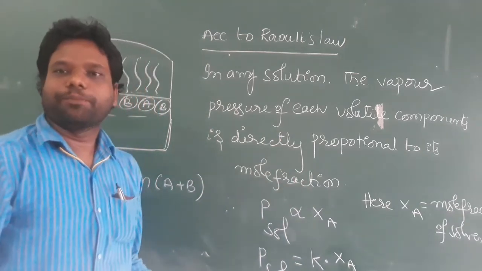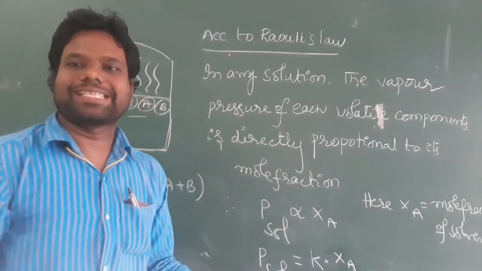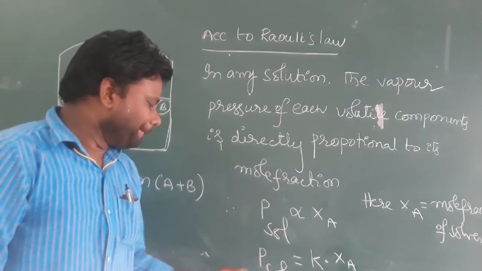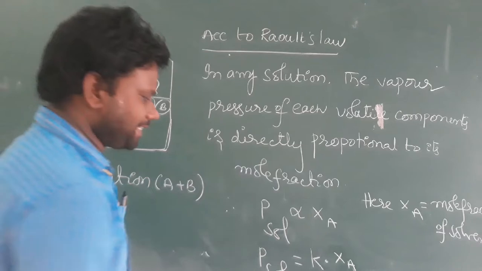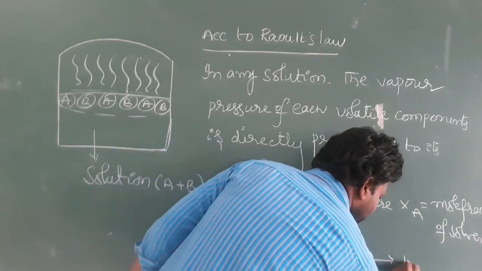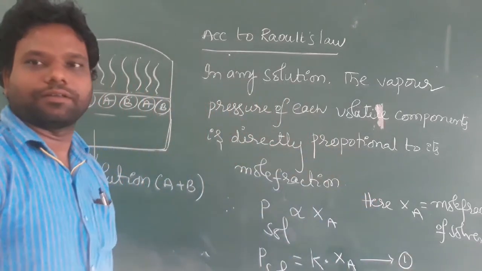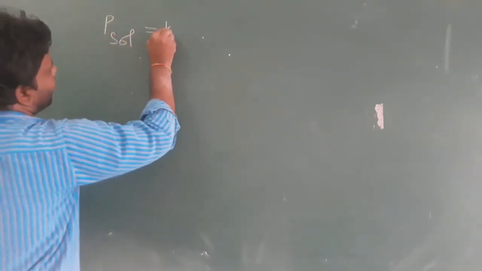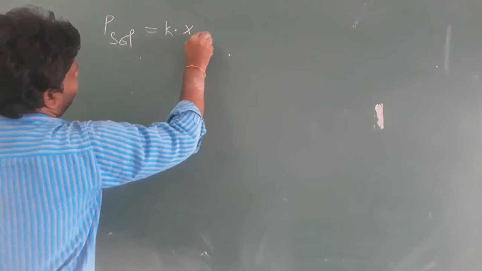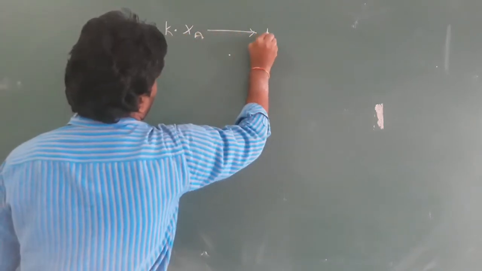Here K is the proportionality constant, X is the mole fraction of solvent, and P solution is the vapor pressure of the solution. It is taken as equation number 1. So the vapor pressure of the solution is equal to K into mole fraction of A. This is equation number 1.